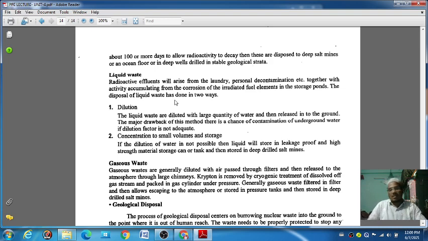It means sometimes the waste of that reactor is not a big quantity, or it is not good for the underground water. At that time we have to store the liquid waste coming from the reactor in a tanker.